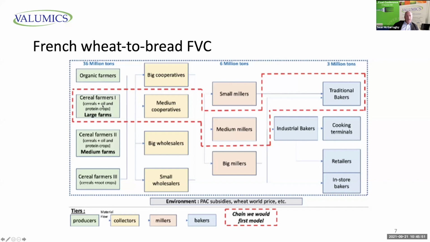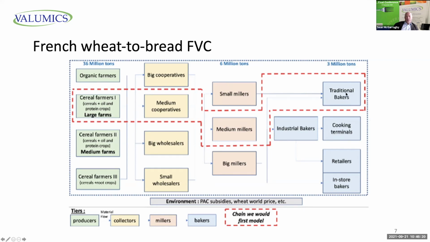So what happens in this food value chain? Well, you have farmers shown in green on the left. You have cooperatives or wholesalers in yellow. There's another actor called a miller. Milling is an important process in the production of bread, where the wheat is milled to flour. Then a number of things can happen from here.